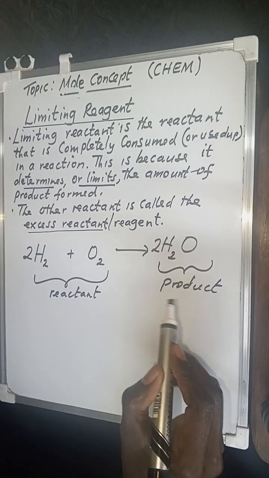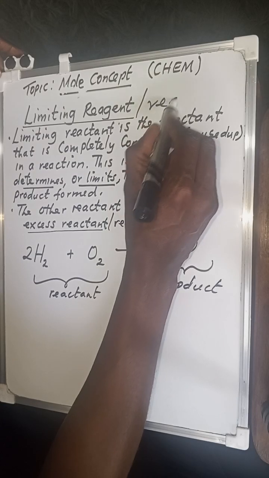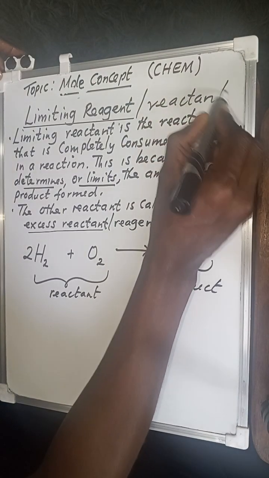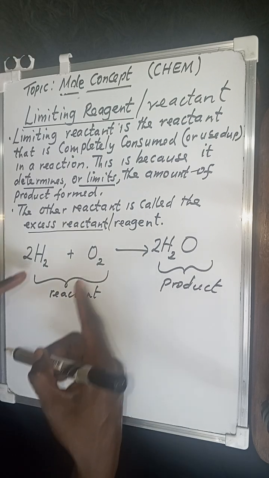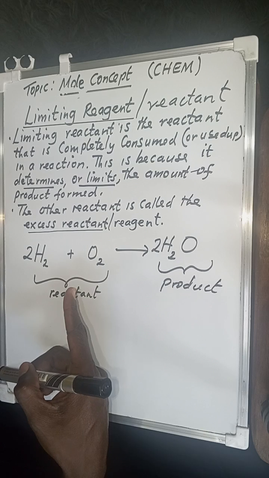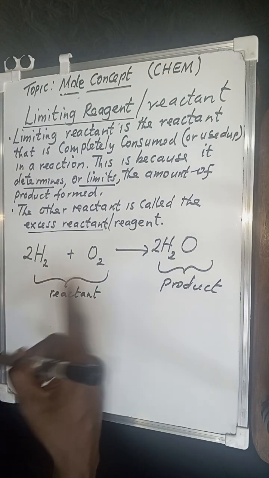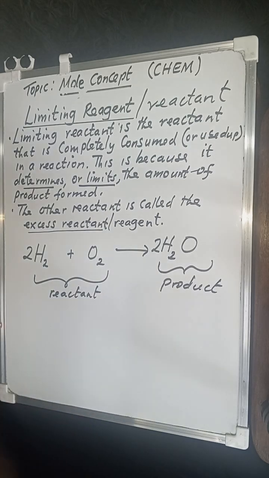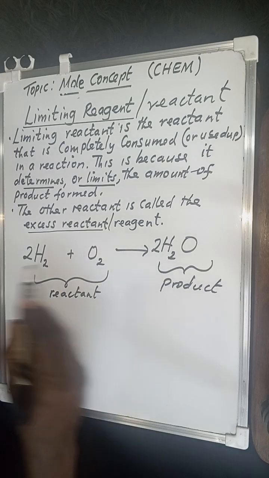For the limiting reagent or reactant, you're going to find it has to do with the reactants on this side. So between hydrogen and oxygen, there's one that is going to be in excess and one that will be limited. How can you determine which one is the limiting reagent? Remember what we said, you can first of all use the mole ratios.